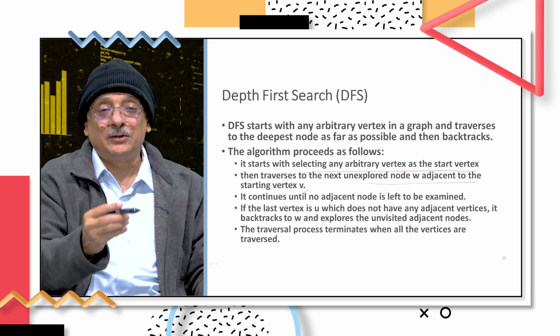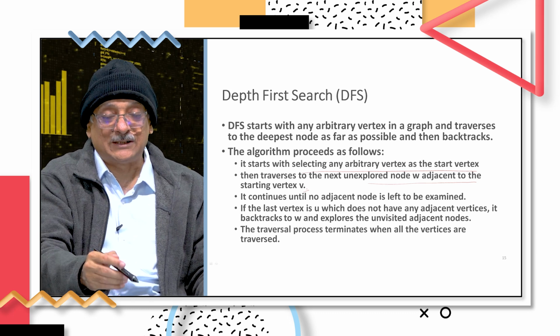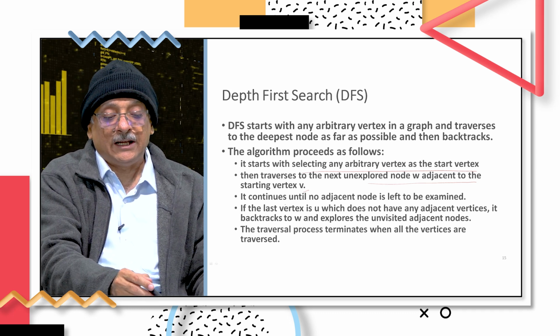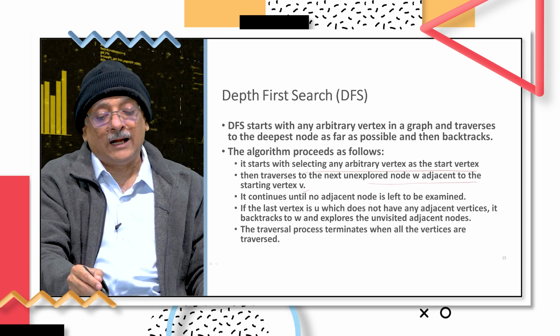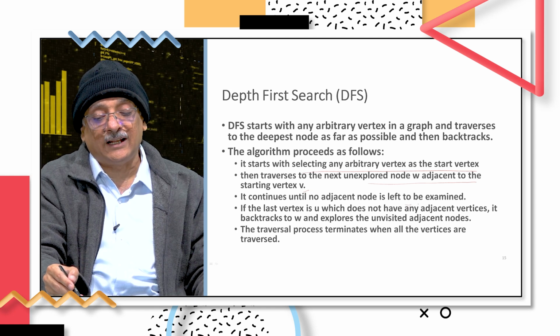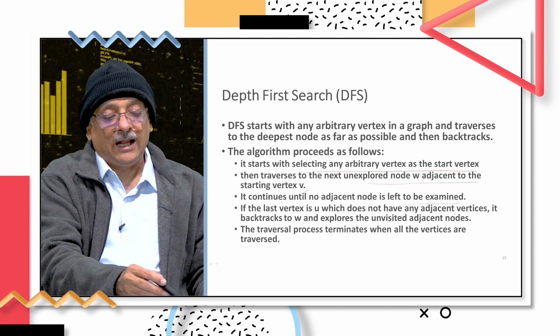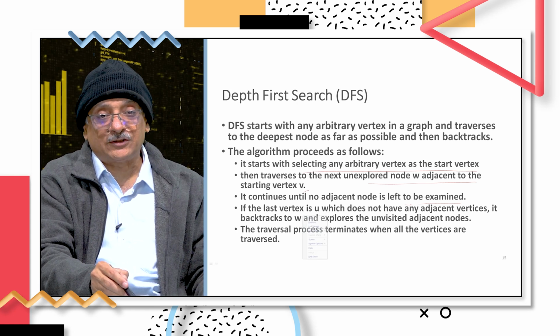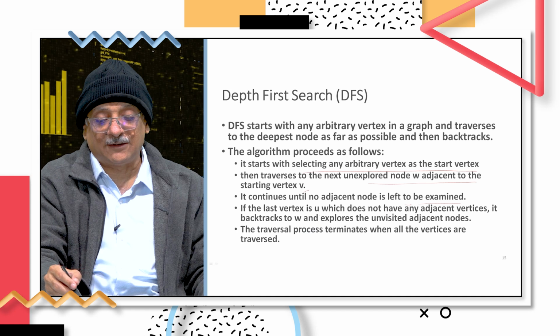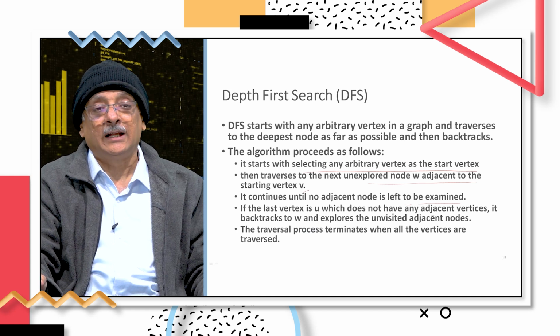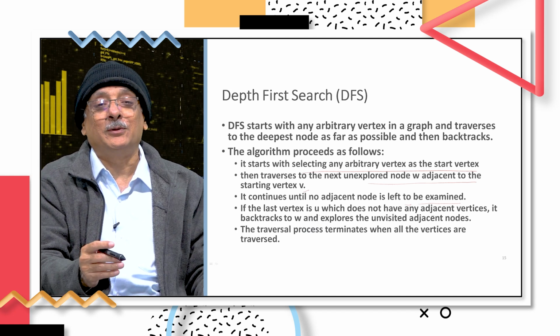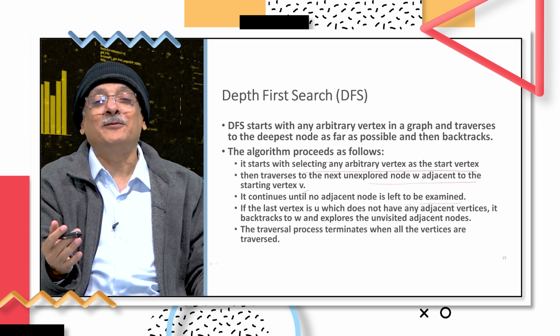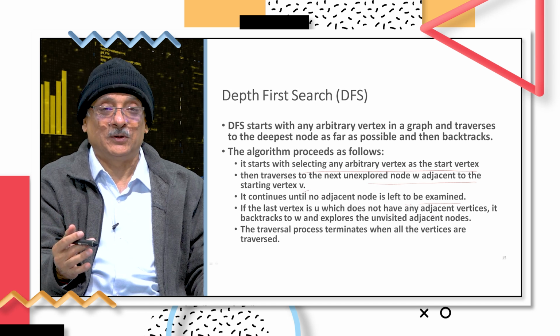It continues until no adjacent vertex is left to be examined, and if the last vertex is U, which does not have any adjacent vertex, it backtracks to W and explores the unvisited adjacent node.